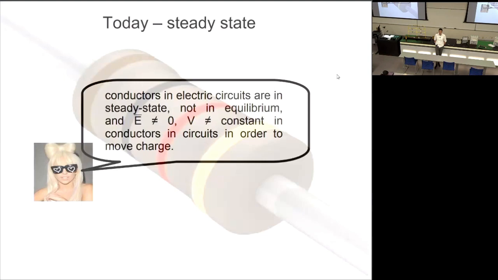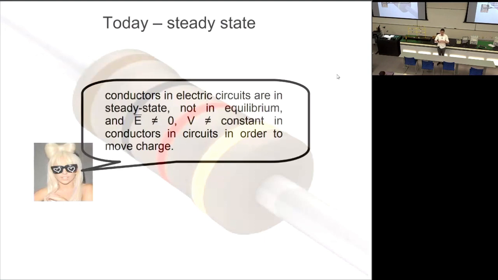In the prior classes, we talked about them in equilibrium. And we said that conductors were a landscape of zero electrical field and constant electrical potential when they're in equilibrium. In today's class and the next 3 classes, our conductors aren't in equilibrium.